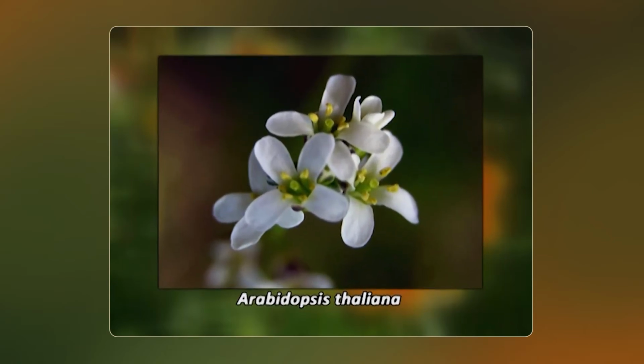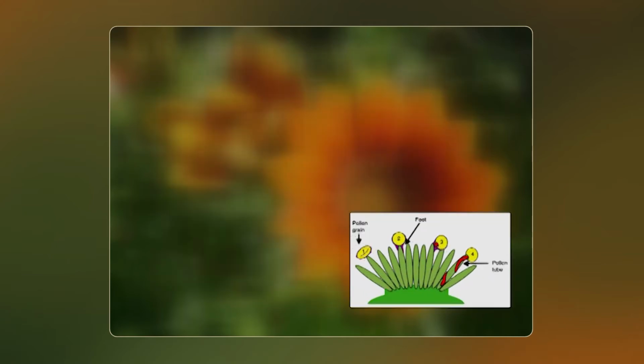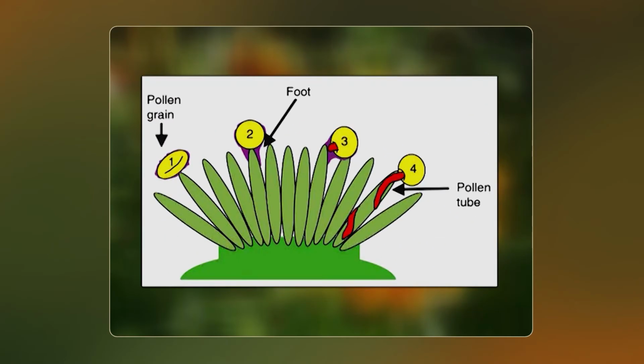The initial penetration of the pollen tube into the stigmatic tissue at the outset varies from species to species. In Arabidopsis thaliana, the pollen tube has been found to penetrate the cuticle and then grow in between the cuticle and the main body of the cell wall till it reaches the base of the cell. Then it enters the stigma transmitting tissue, where it grows through the intercellular spaces.